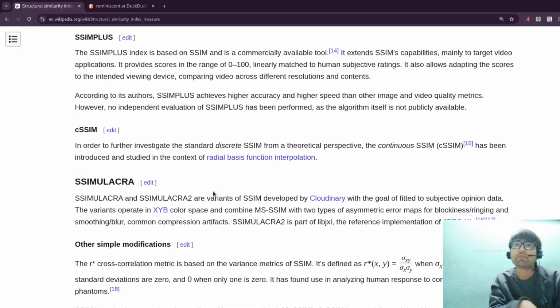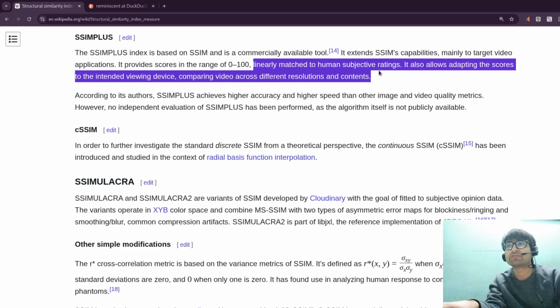SSIMPLUS index is based on the SSIM and is a commercially available tool. It extends the SSIM's capabilities mainly to target video applications. It provides scores in the range of 0 to 100, linearly matched to human subjective ratings.